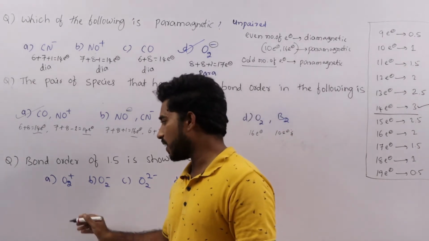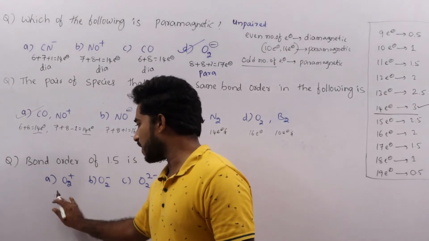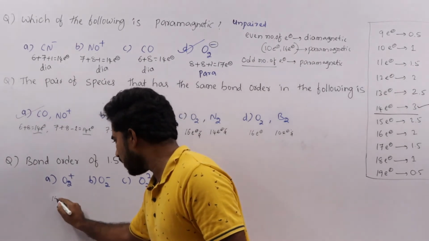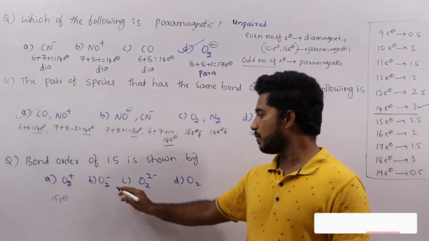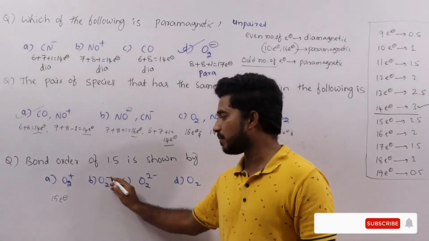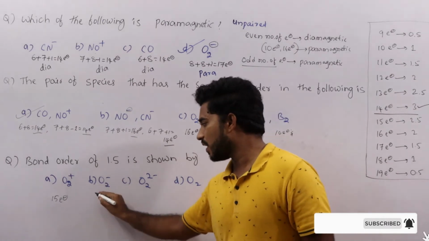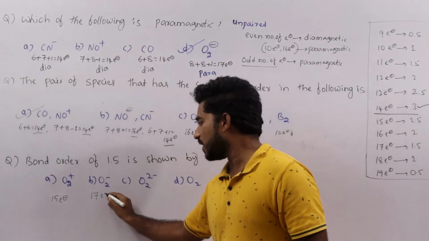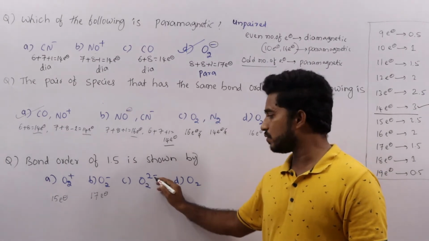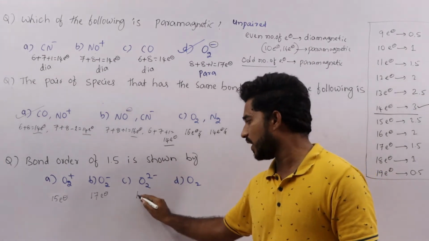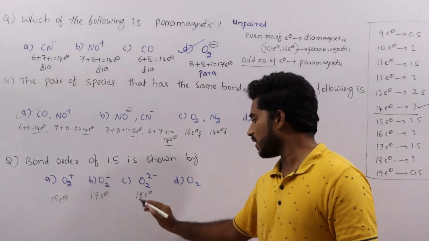From the 16 we have to remove 1 electron, so here 15 electrons are present. O2 minus: O2 has 16 electrons, and for the minus charge we add 1 electron, so here 17 electrons. O2 2 minus: 16 for O2, 2 extra electrons, totally 18 electrons.